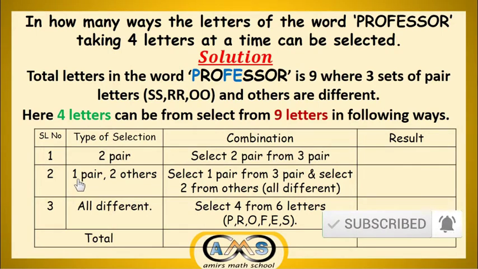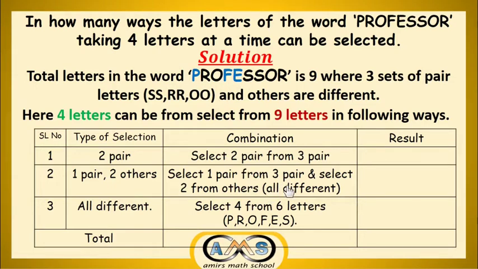In the second case, we have to select 1 pair from 3 pairs and select the other 2 from the other letters, where all letters should be different. First we have to select 1 pair. Suppose we select double S. Other than this double S, there are 2 other pairs, double R and double O, and P, F, E, which are the different letters.